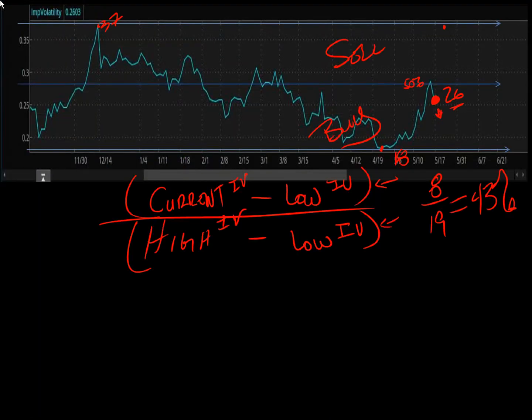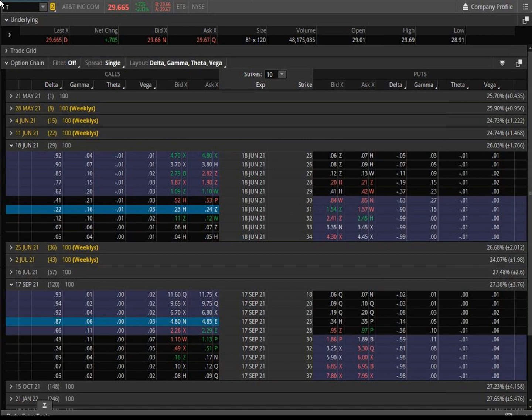I just want to make sure I got all my notes, because last week I felt like I missed out on a lot of notes. So that is one of the major things we determine, if they're expensive or cheap. Another thing we want to look at when we're looking through the options is, if I think that they're cheap, I know that I need to be thinking buy, right? And if I'm buying, we'll talk about it here in a minute, I need to be thinking about probably further duration options.